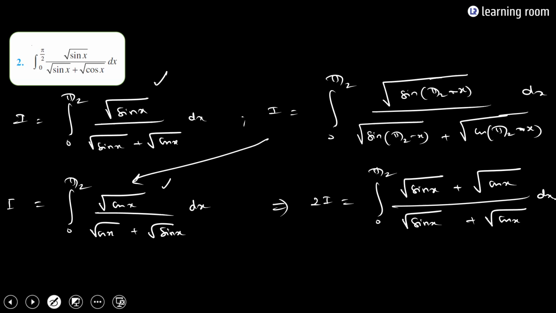So what is going to be the answer? 1. So 2I will be equal to integral of 0 to pi by 2 dx, which implies 2I is equal to pi by 2, which implies I is equal to pi by 4. Right.